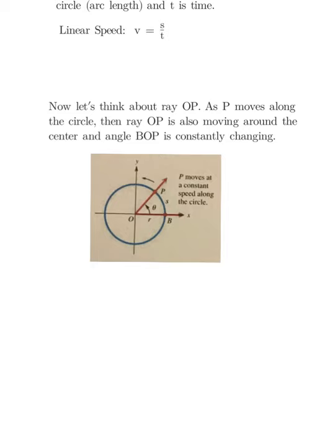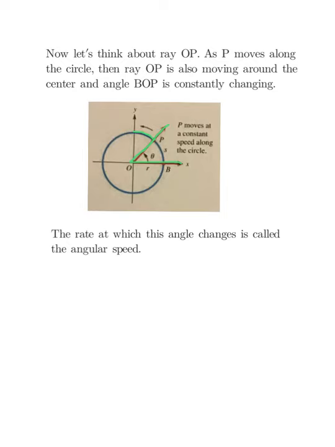Now we're going to think about ray OP, which is this ray. As point P is moving, then the whole ray is also moving, and that means that this whole angle is constantly changing. The rate at which this angle changes is called the angular speed.